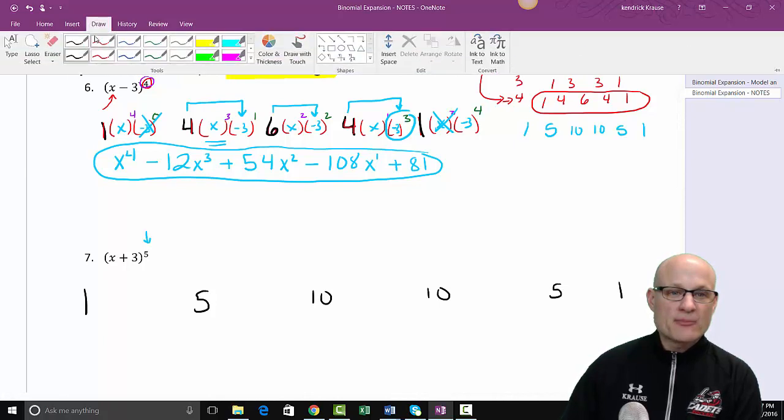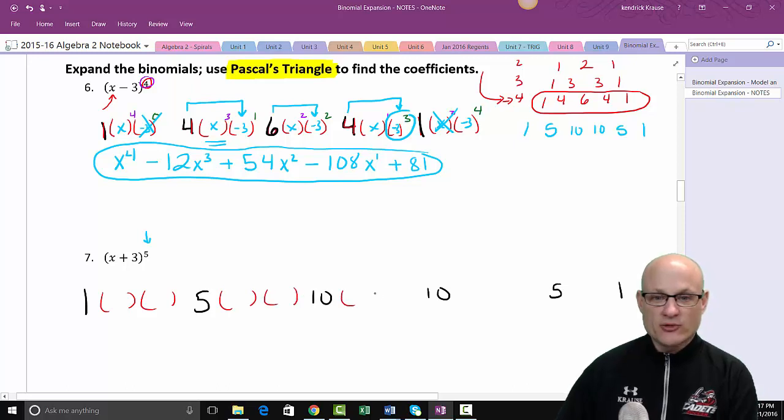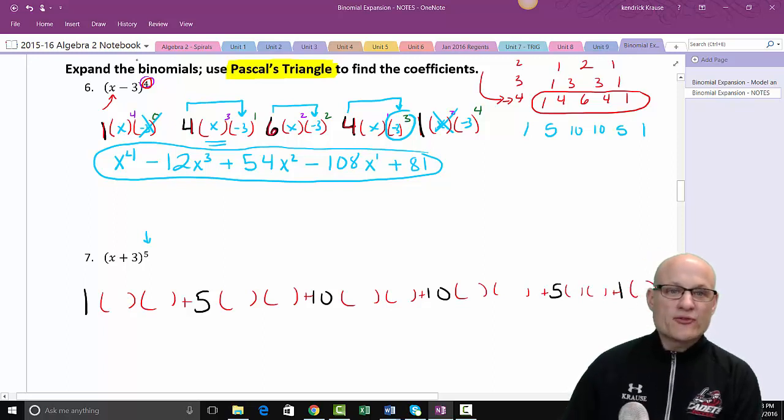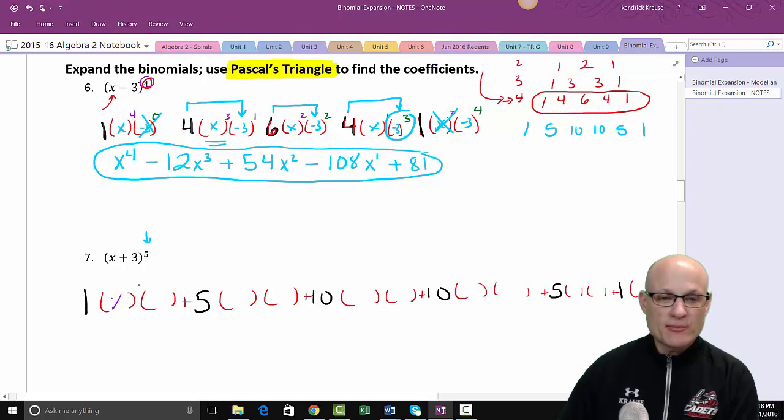Then I'm going to come through and do my parentheses. Now, I don't know what sign goes in between. I mean, you can put a plus in here. It doesn't really matter. Eventually, we're going to figure out if it's positive or negative. All right. So, in the first set of parentheses goes x. Oh, wait, I'm going to do the exponents first.